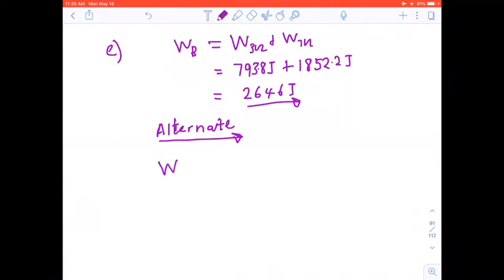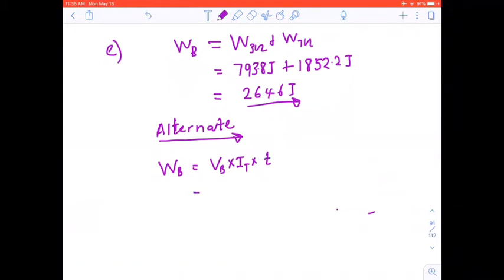The total work it's doing, W of battery, is equal to V of the battery times the current in the circuit, which is the total current, times the time, which is VIT.